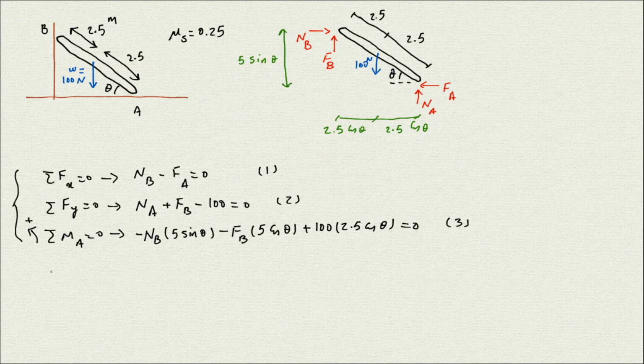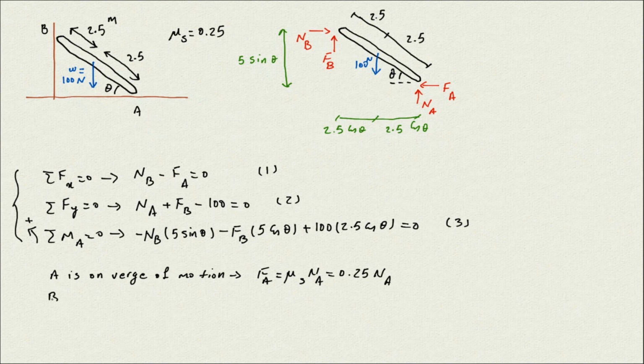We know A is on the verge of motion. Therefore, FA is mu s times NA, which is 0.25 NA.